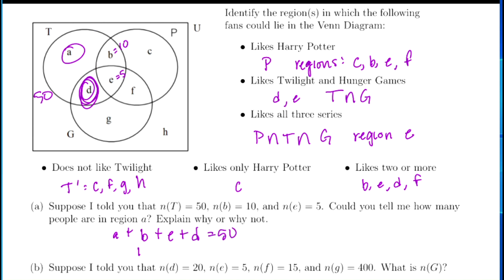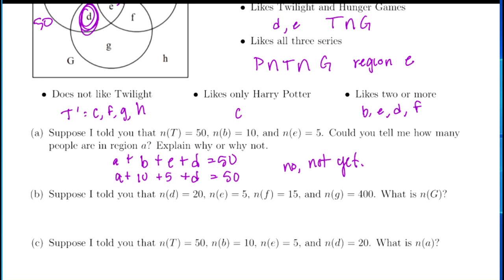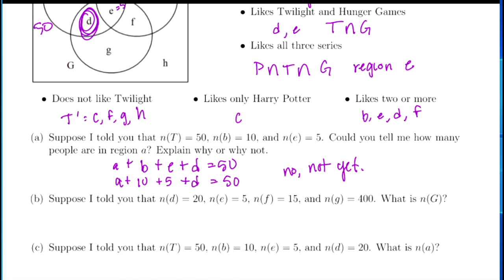And I know that B is 10 and E is 5, but I still have 2 unknowns, so I can't tell anything else. I would need to know something more about D to tell anything about A.